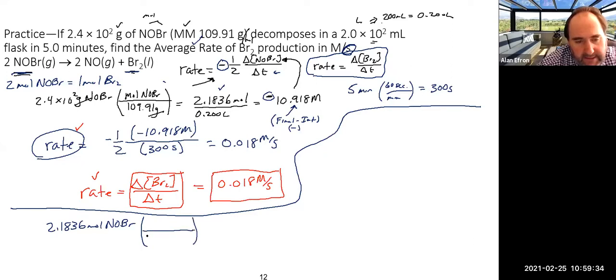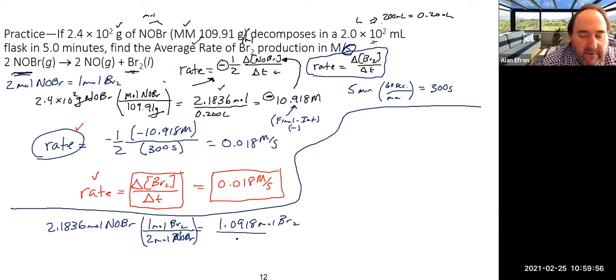Again, we got our 2 moles of NOBR and 1 mole of our BR2. That would get us 1.0918 moles of BR2. So we just kind of did the stoichiometry part to get us to the BR2.